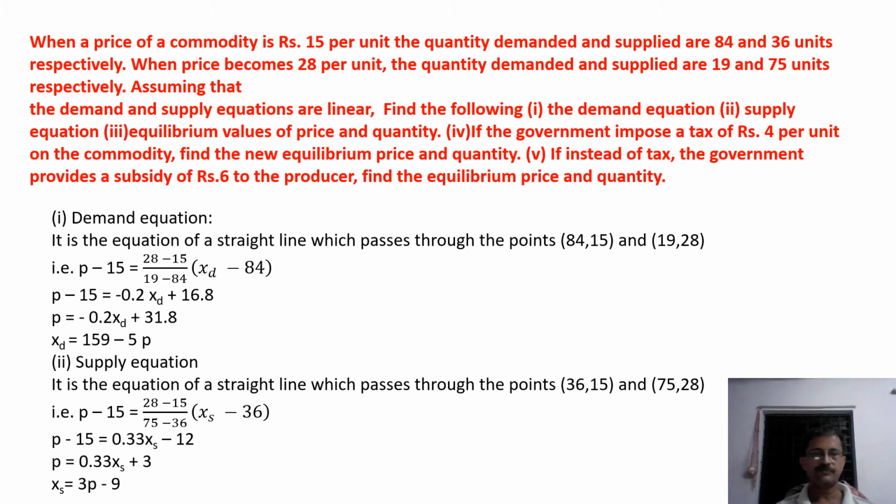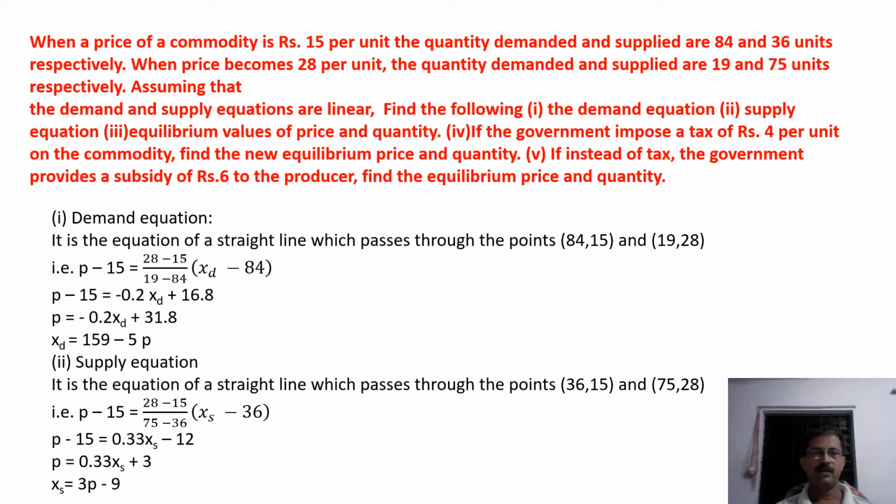At equilibrium, these are the demand equation and supply equation, and we have to find the equilibrium values of price and quantity. At equilibrium, we know that the quantity of goods supplied and the quantity of goods demanded are equal.